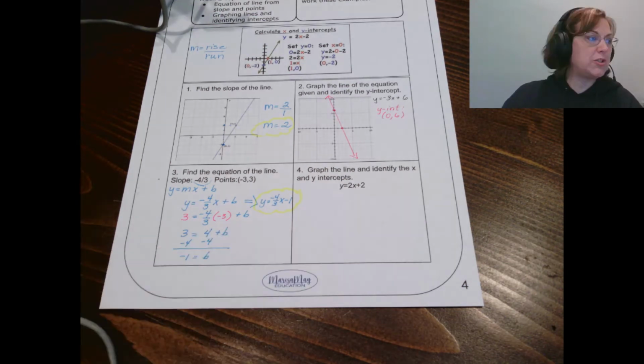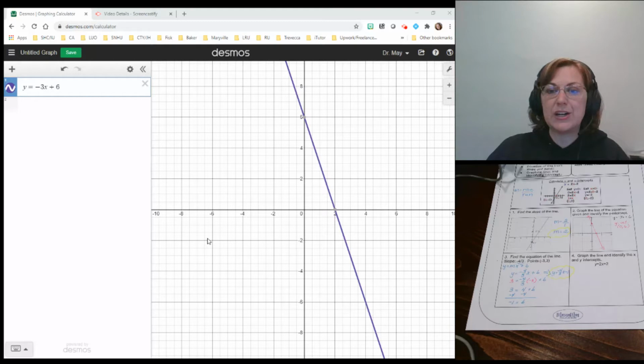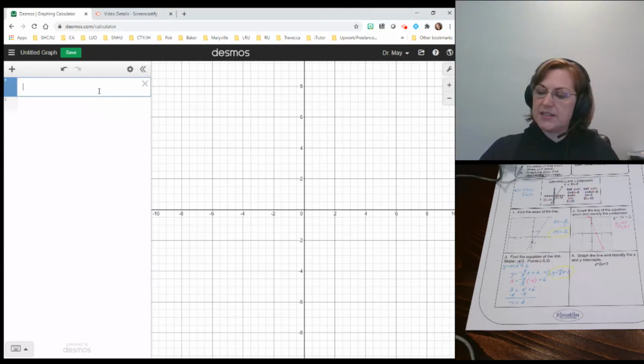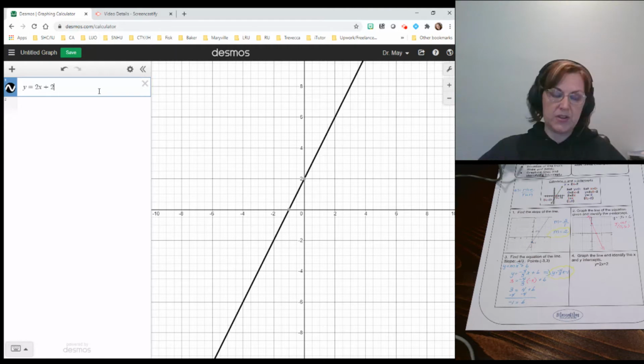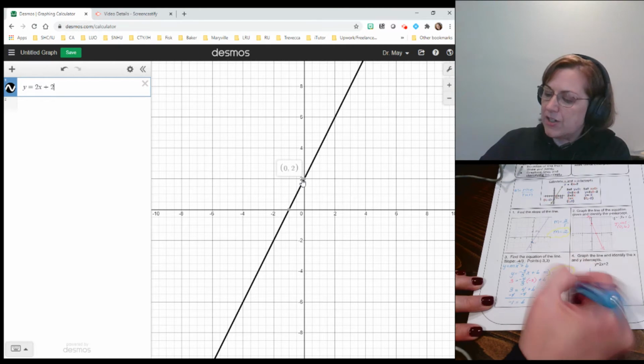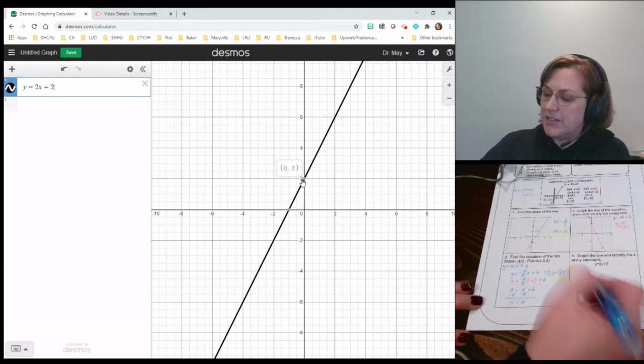All right, one last one, number 4 here. Again, I'm going to switch over to our Desmos Calculator. That way we can use it as a good graphing tool. I'm going to delete our previous one by clicking the X there. And let me type in this equation, y equals 2x plus 2. Remember, Desmos will highlight the key points for you. So you need to grab those. And let's see, I'm sure your learning guide has a grid on it.